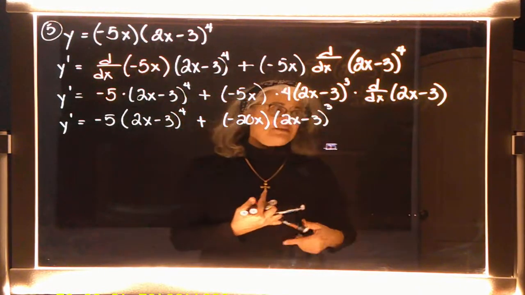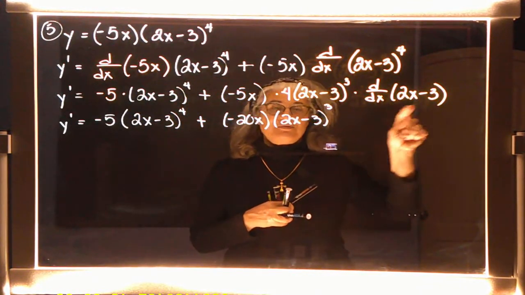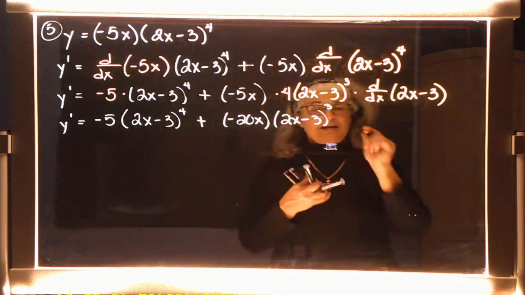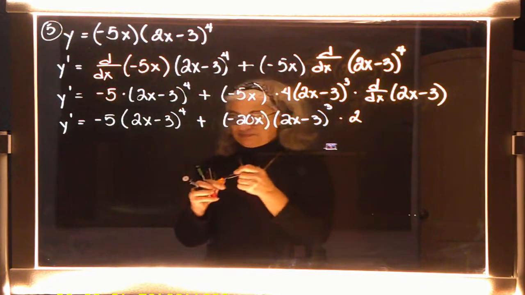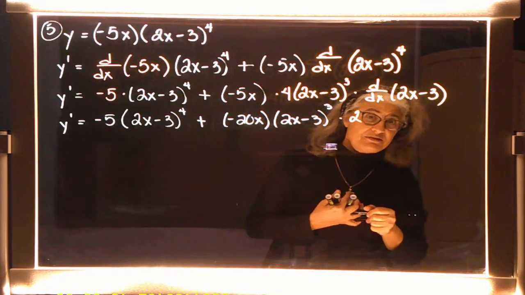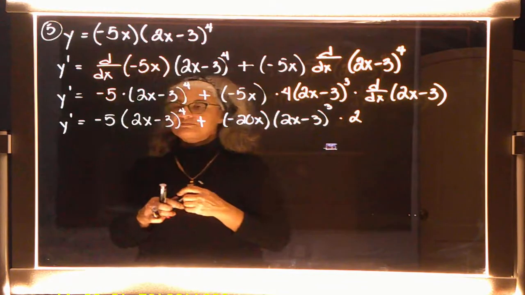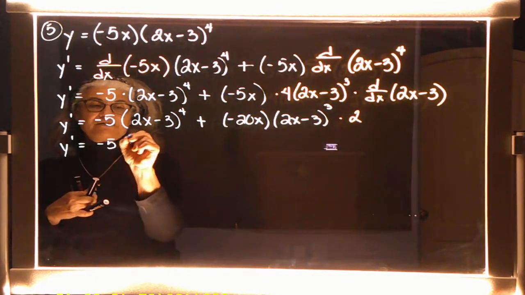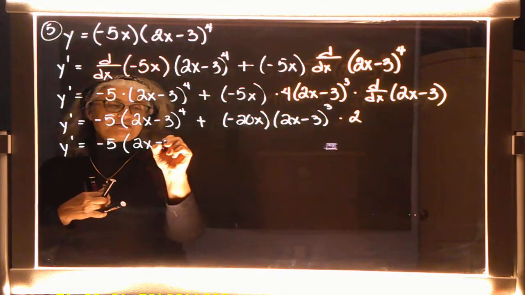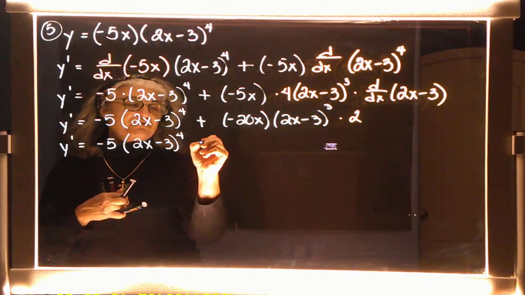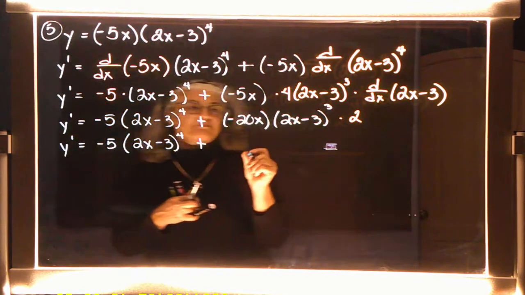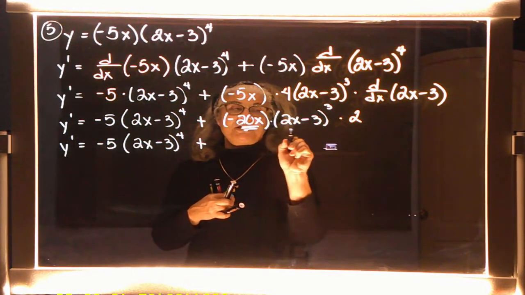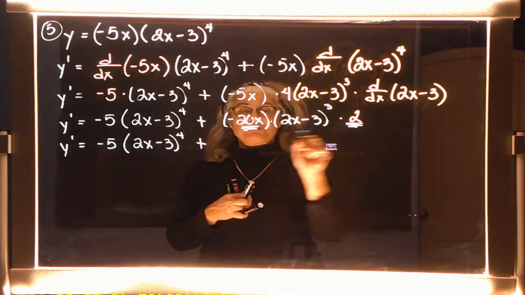And then, yeah, we got to take the derivative of this guy. So what's the derivative of 2x minus 3? Excellent. Just 2. So how's it going so far? You with me? All right. Okay, so y prime equals, here's our negative 5 times the parentheses of 2x minus 3 to the power of 4 plus, okay, so I see this negative 20x being multiplied by the parenthesis, which is also multiplied by the 2.